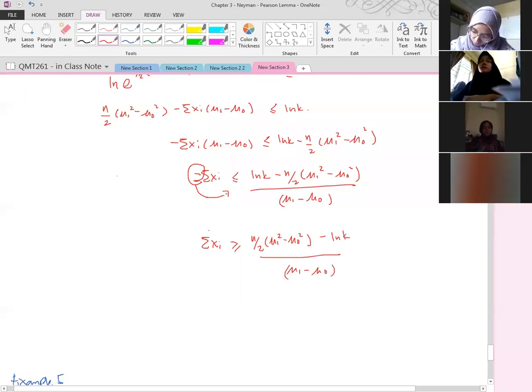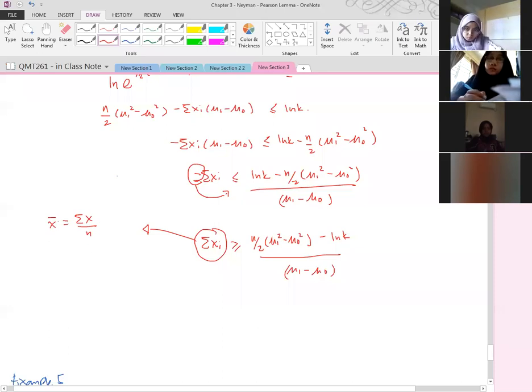Now if you want to change this to x bar, so x bar is equal to summation of x divided by n, right? So if you want to change this one, you need to multiply by n, right? So summation of xi is equal to n x bar, right?